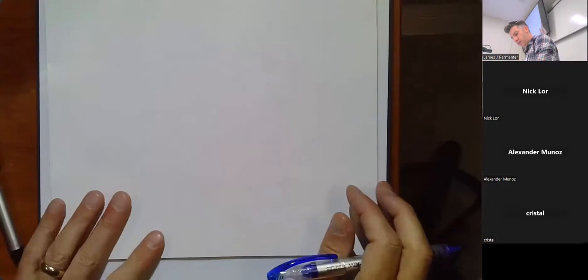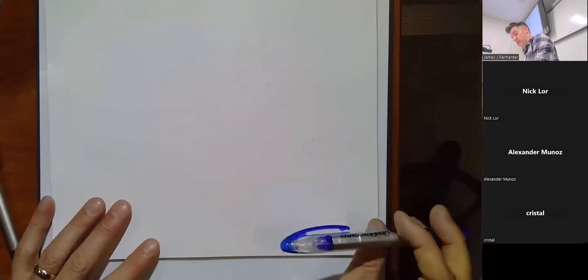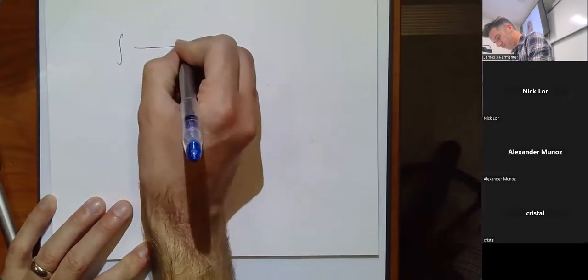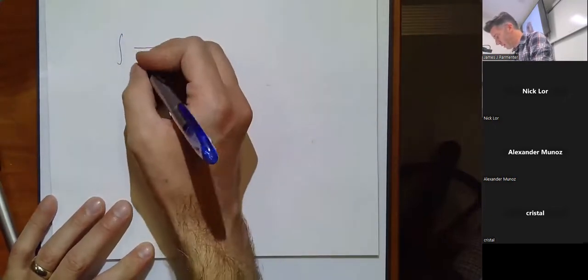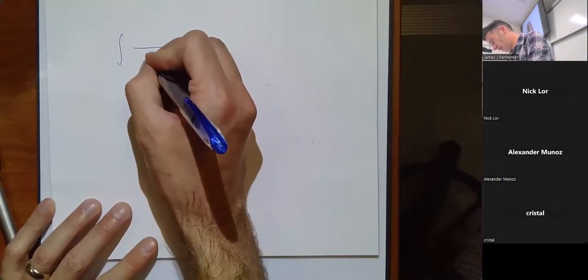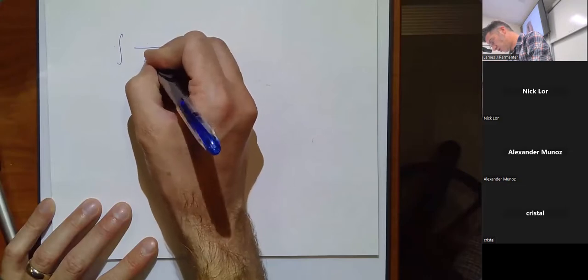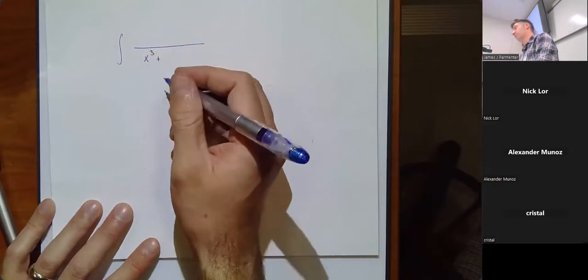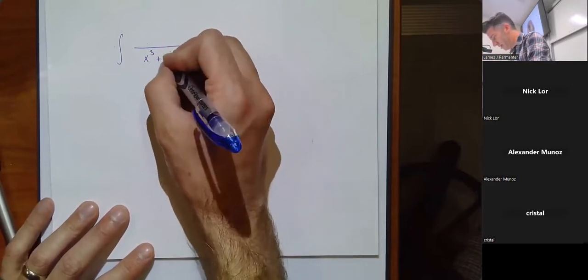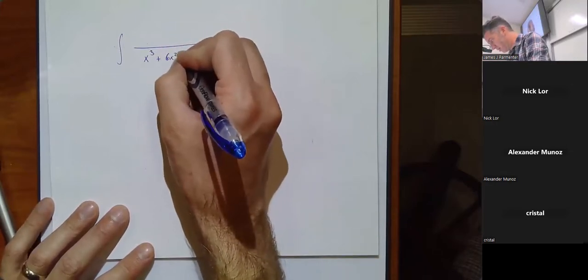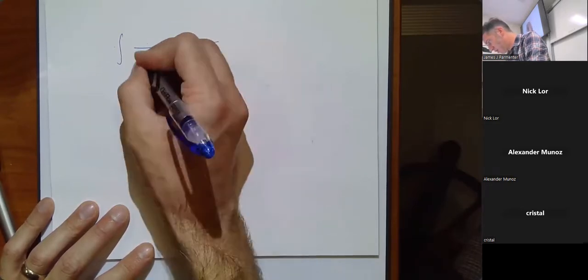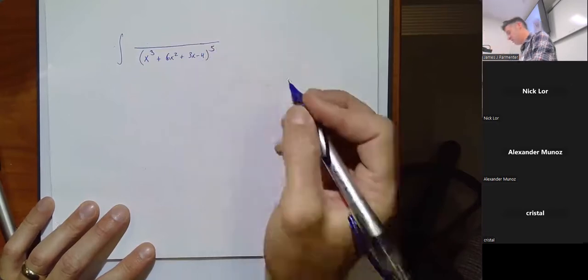Okay, let's say we had something like, let's do this. Let's say we have the integral of, all right, let me make sure I don't mess this up with my numbers here. So let's say we've got x cubed plus 6x squared plus 3x minus 4, all to the 5th power.